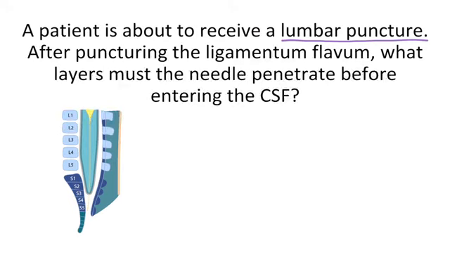So, as you recall, the clinician will find the iliac crest, I'll just write IC, which lines up with the L4 vertebral body, and then he will puncture between the L3 and L4 vertebral level, let's say. And after puncturing the ligamentum flavum, which is this blue part, you will enter the epidural space and then puncture the dura mater and the arachnoid mater before finally entering the subarachnoid space to enter the CSF.